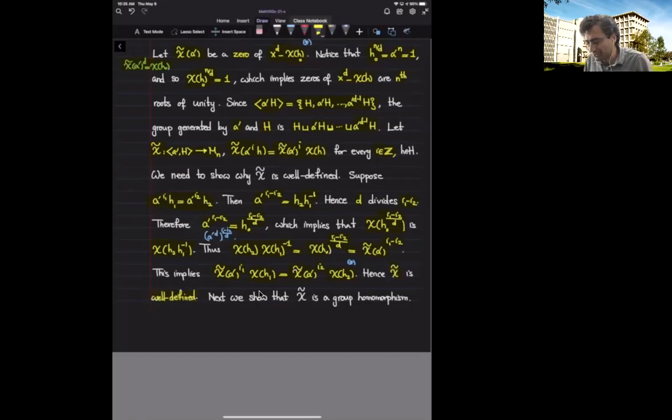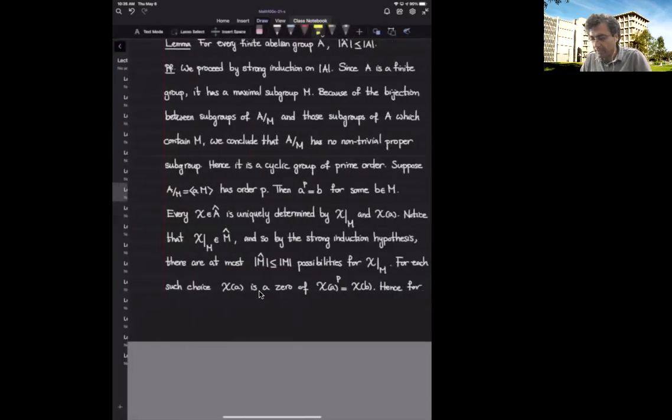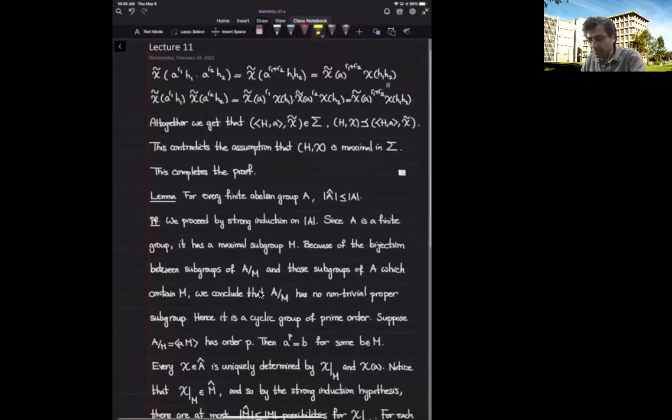Now it's rather easy to check that chi tilde is a group homomorphism. The fact that chi tilde is an extension of chi is immediate, because I can just assign I to be 0 here, and I get that chi tilde of H is just chi of H. And the fact that it's a group homomorphism is rather easy. You feed it A to power I1 times A to power I2 times H1, H2.